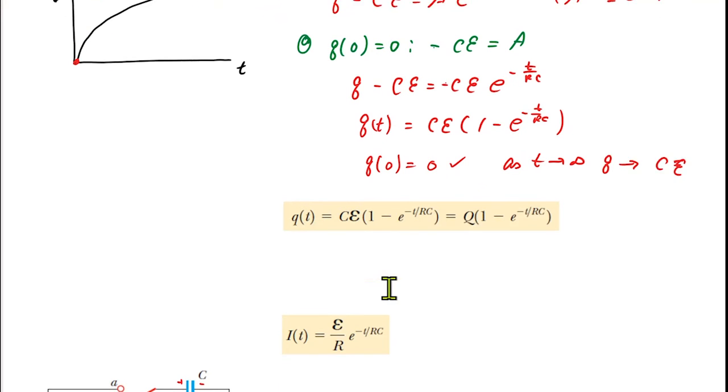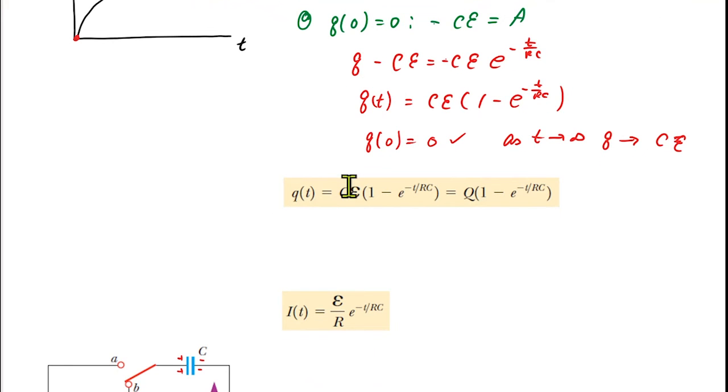Okay? Now the current, so these two are the same thing if you call that Q. Current is the derivative of this, isn't it, as a function of time? So you take a derivative, this dies, so you will have CE and e to the negative t over RC.